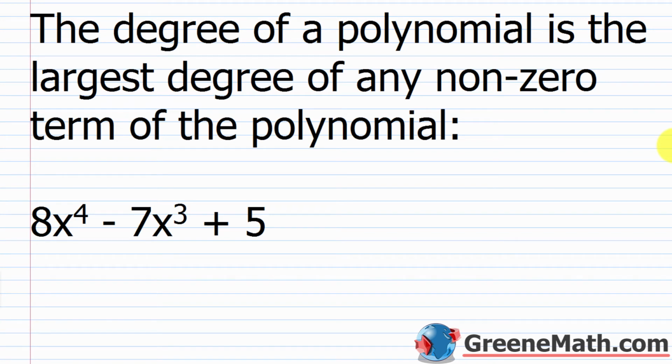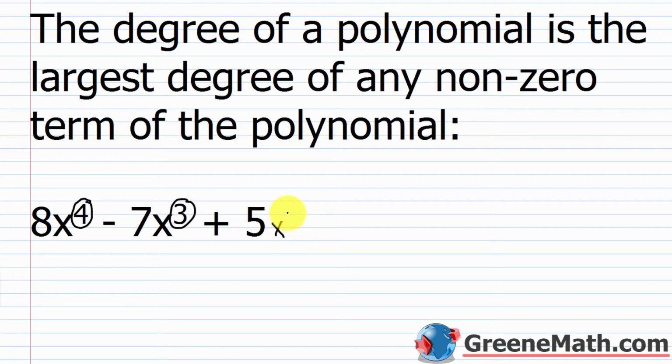All right, so now let's talk about the degree of a polynomial. So the degree of a polynomial is the largest degree of any non-zero term of the polynomial. So essentially what you're going to do is look at each term of the polynomial, find out which one has the largest degree, and then that's the degree of the polynomial. So for example, if we have 8x to the fourth power minus 7x cubed plus 5, I look here, I have a degree of 4, a degree of 3, and then a degree of basically 0, right?